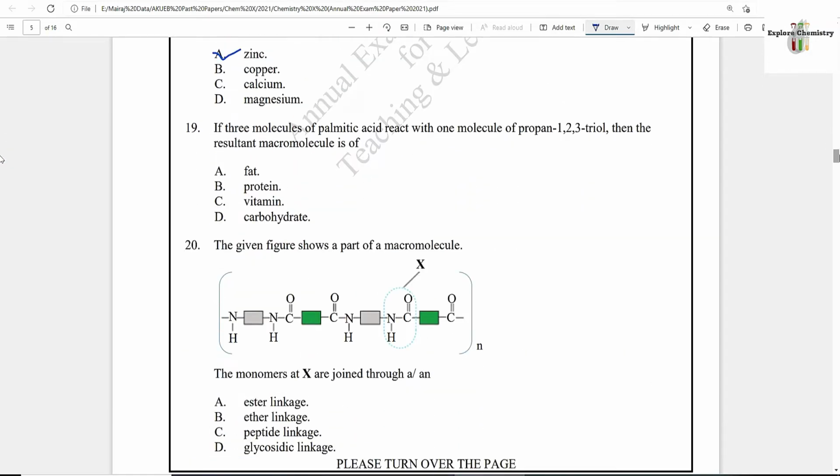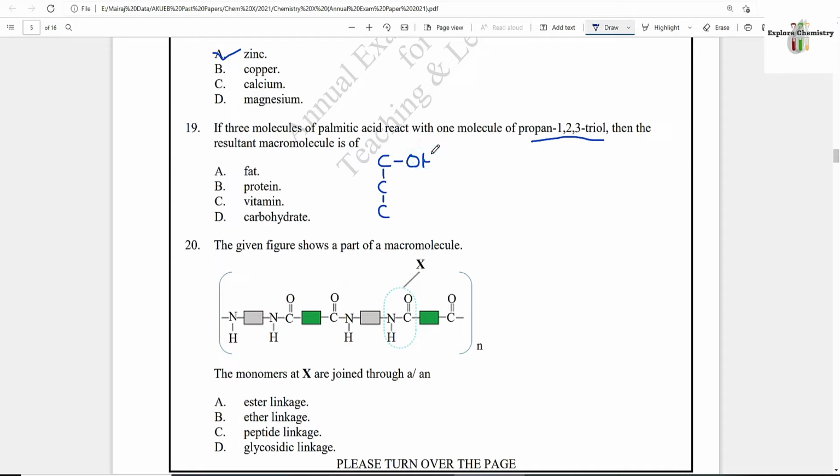Number 19, if three molecules of palmitic acid react with one molecule of propane 1,2,3-triol, then the resultant macromolecule is... Propane 1,2,3-triol is this compound. Propane means 3 carbon atoms, and on 1, 2, 3 position OH group is attached.